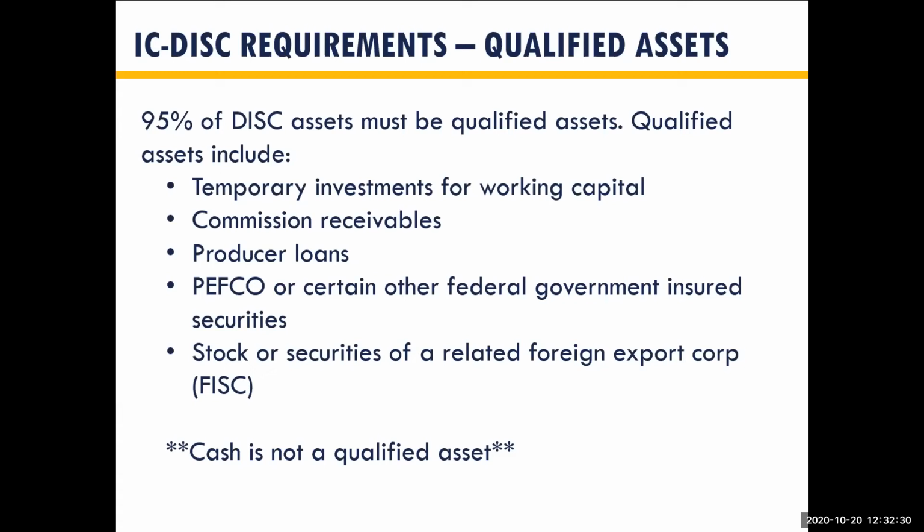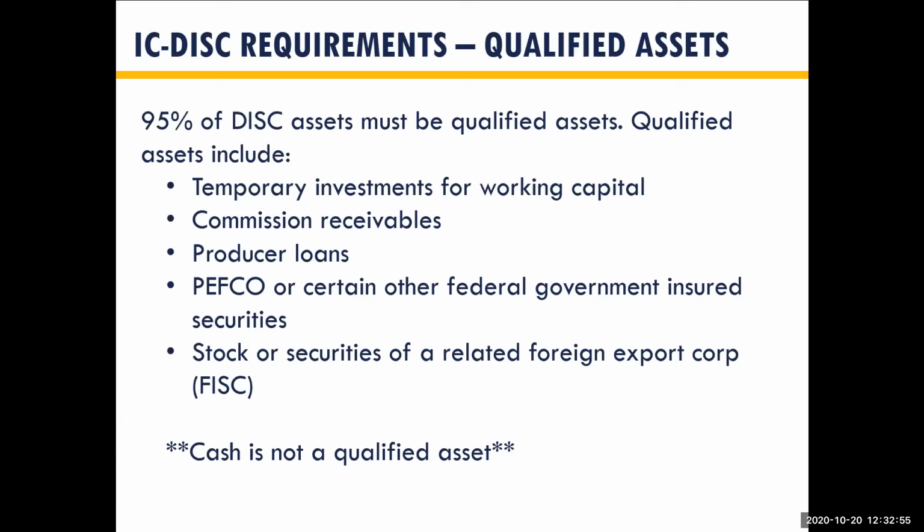But the one to really note is the second item there, which is the commission receivable. So what we do with the IC DISC is we accrue a receivable, which is the commission to be paid into the IC DISC. So the IC DISC has a commission receivable on its books. And this will typically be the largest asset of the IC DISC books.